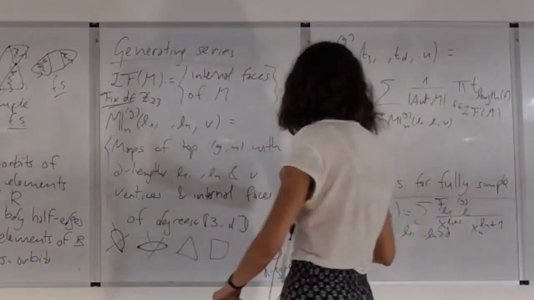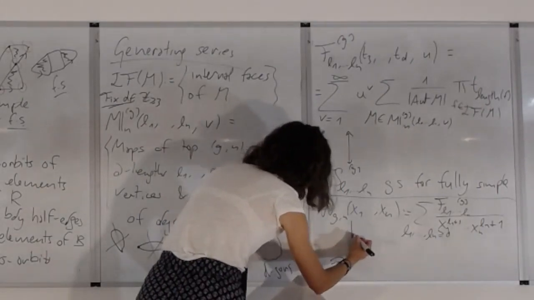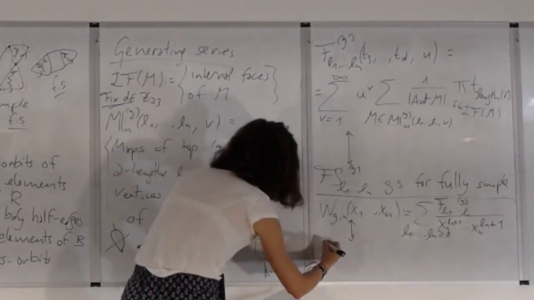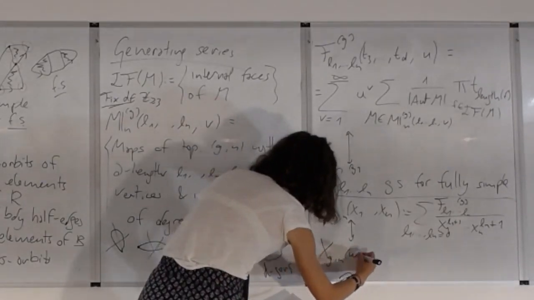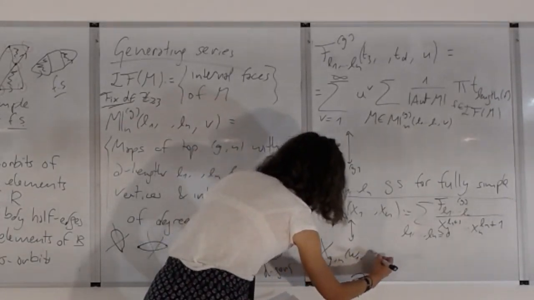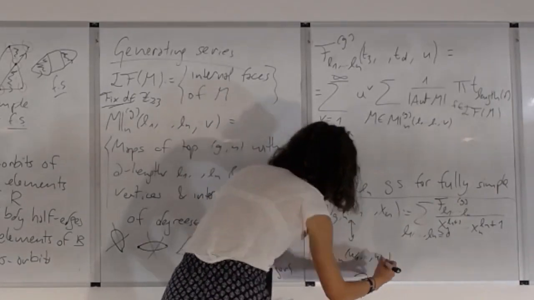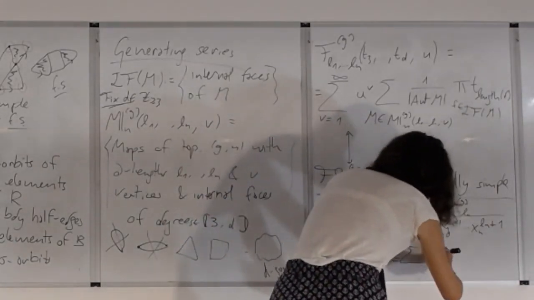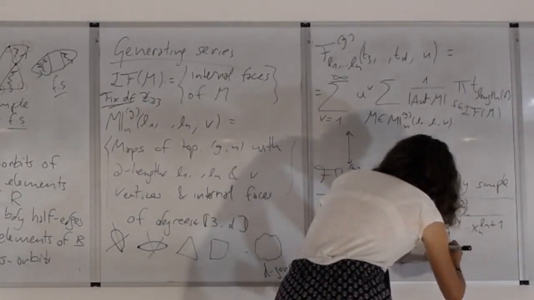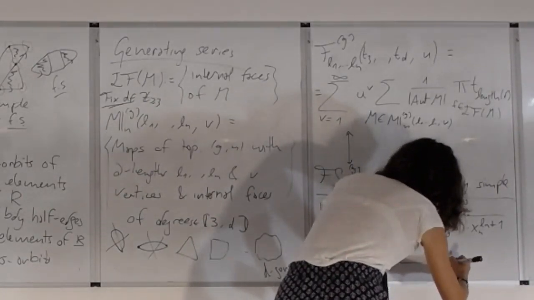And then there is the analogous one for fully simple that we call X. We take some variables w, and this one I need to write down a little bit because it's fully simple, as you can imagine.